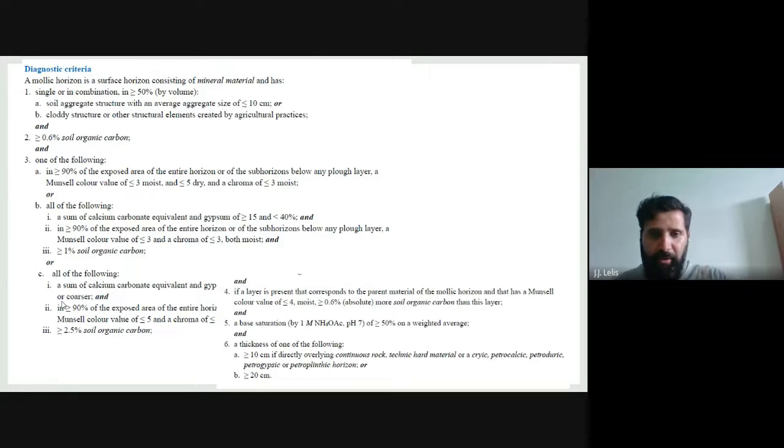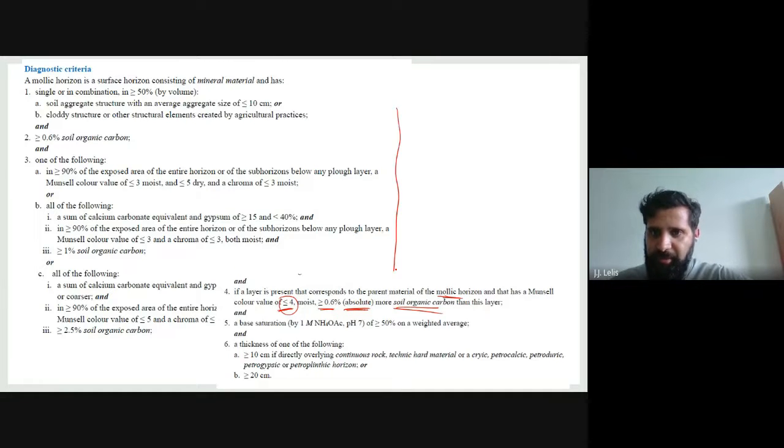Oh, we also have these 4, 5, and 6 criteria. Okay, if a layer is present that corresponds to the parent material of the mollic horizon, it should present a color value lower than 4, and the content of organic carbon in this mollic horizon should be at least 0.6 higher in absolute terms than the parent material.